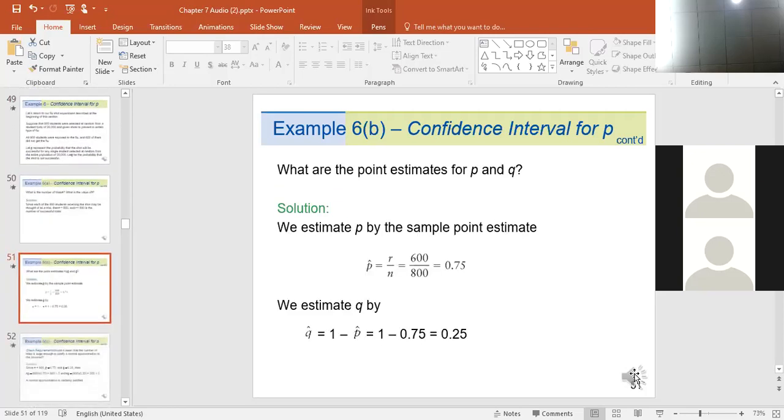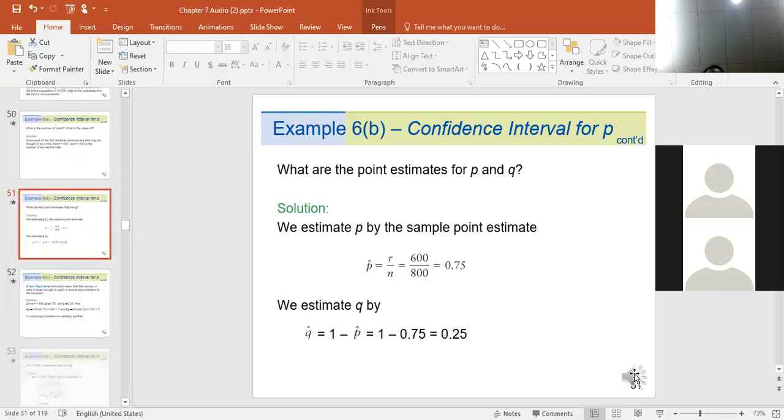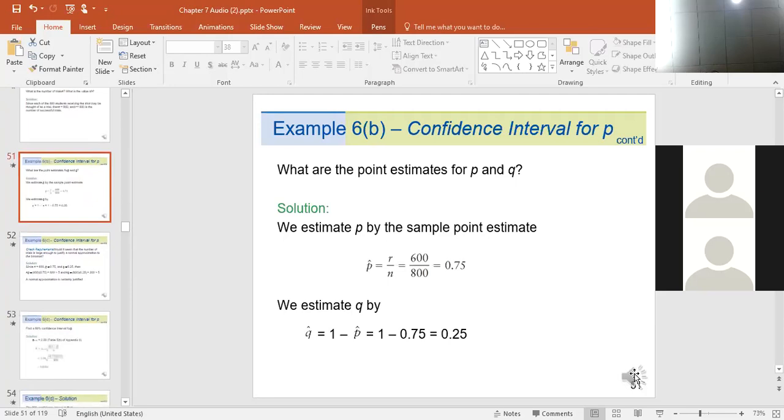So what is the point estimate for the population proportion, or the probability of success?